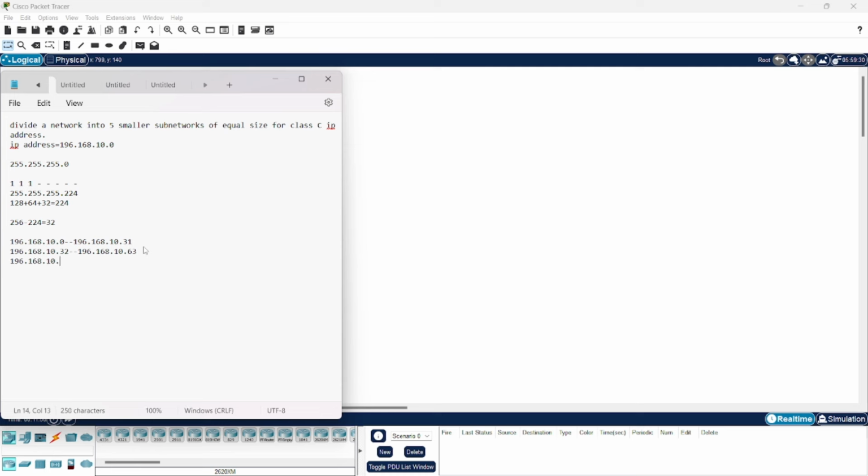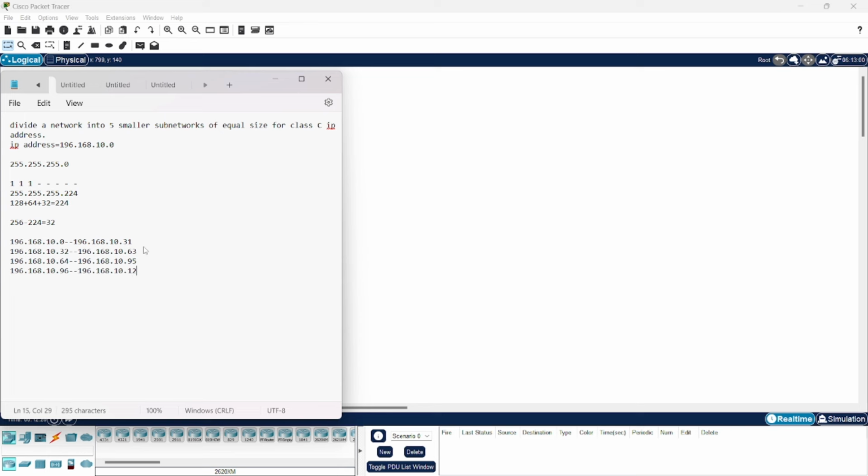In the third subnetwork, we will start from 64 and then add 31. We would get 95. This would be the range of the third subnetwork. For the fourth subnetwork, we would start from 96. Now I would add 31.